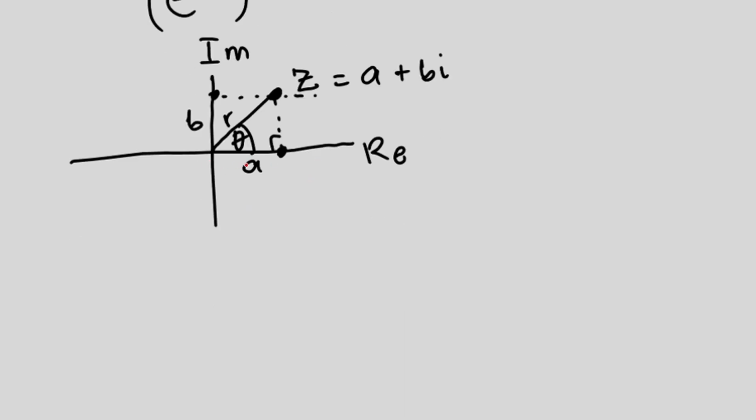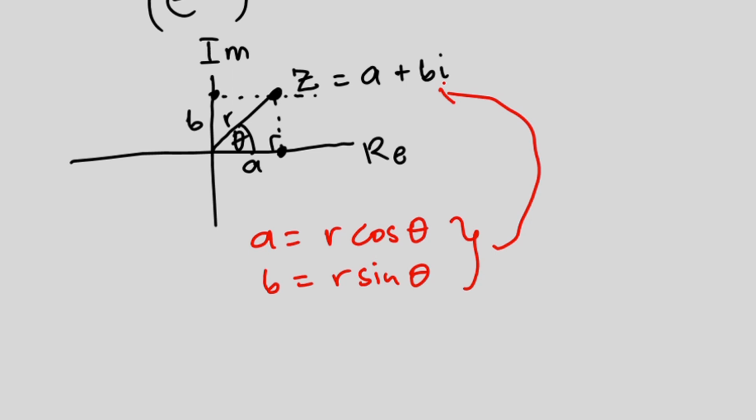Now let's go ahead and resolve this. On the horizontal component, we're going to have A is equal to R cos theta. Likewise, on the vertical component, we're going to have B is equal to R sine theta. Now let's go ahead and replace these into this equation right here.